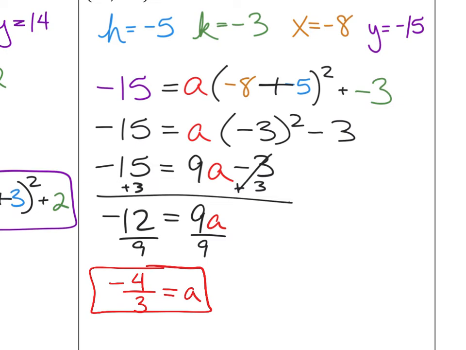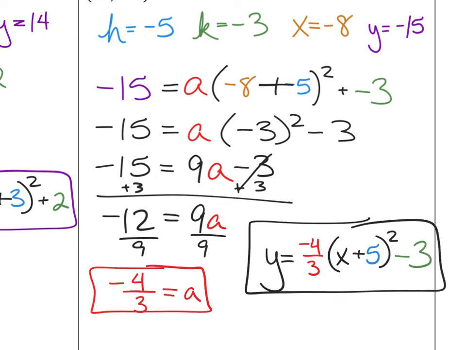Yes, sir. So we write our final answer as y equal to A times x minus negative 5, which I know y'all are already going to tell me to change that to a plus because it's minus a minus, plus k. And we have our vertex form equation.